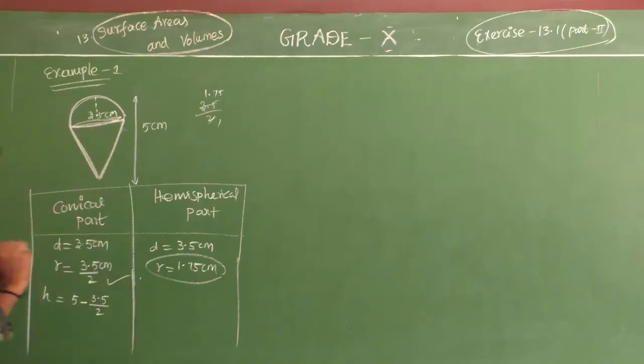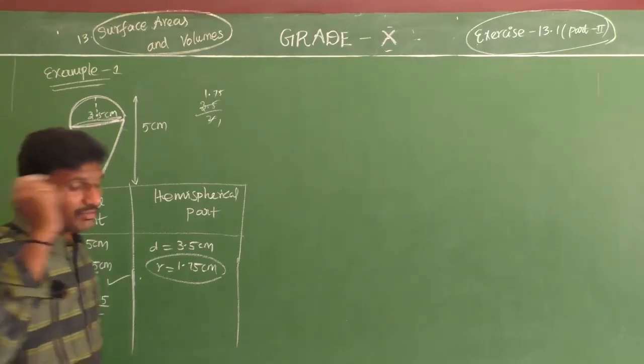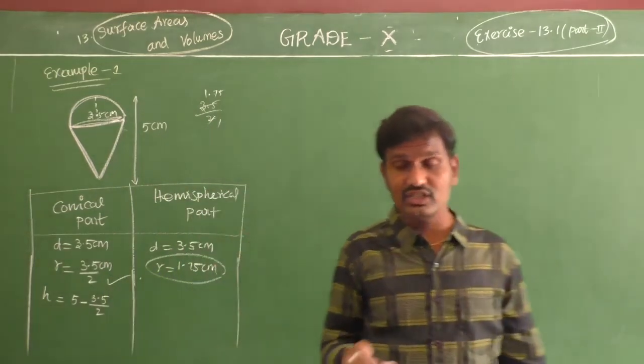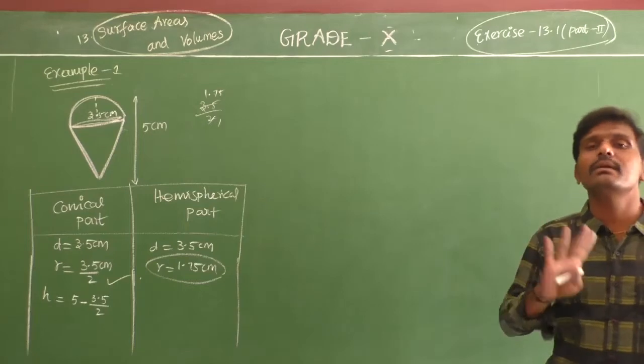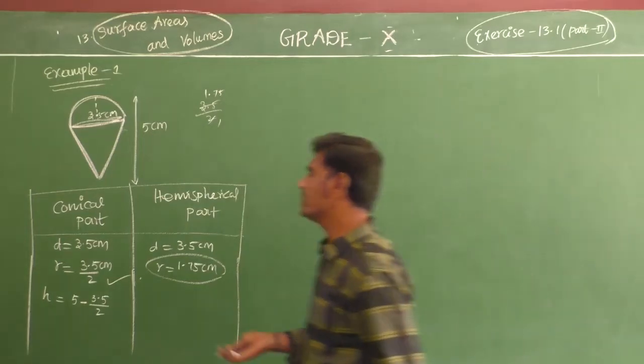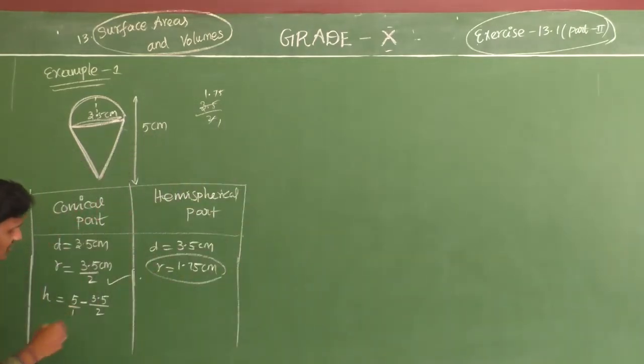Maximum number of students are having trouble with simplification of the decimal part, so that's why I am taking the fractional form. Cross multiplying, 5 twos are 10 minus 3.5, all divided by 2. 10 minus 3.5 is 6.5, so that is 6.5 by 2.